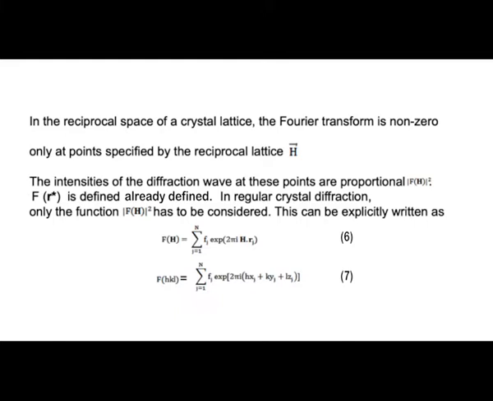And here f of r star is already defined by equation 5. You have seen that in regular crystal diffraction only the function mod F_h squared has to be considered, which is nothing but the intensity of the Bragg reflection hkl that you are measuring from a single crystal diffraction experiment. Now we can write equations 6 and 7 in different ways, relating the structure factor and the atomic scattering factor in terms of the position vectors r_j.